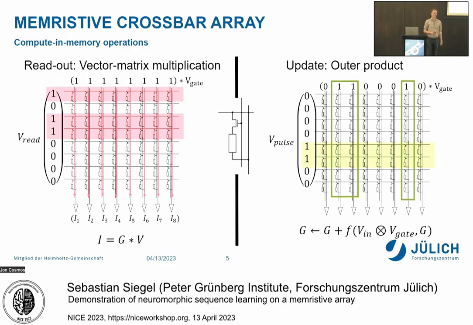This gives us the vector matrix multiplication of the conductances and the input voltage. But we can also do update in compute and memory. To that purpose, we open selectively transistor gates, which are vertically connected, that's the green box, and at the same time, we apply an update pulse vertically. Exactly at the intersection of open transistor gates and applied input pulse, we get updates in our devices.